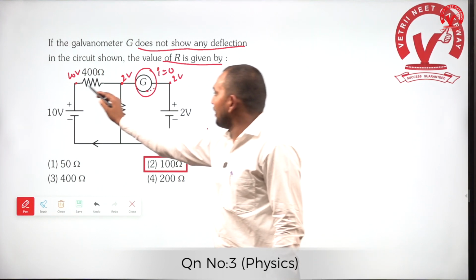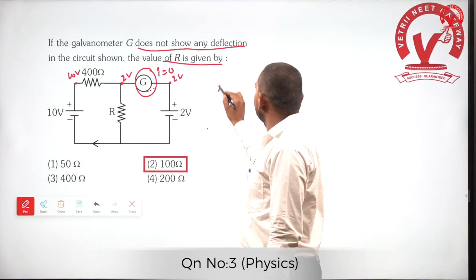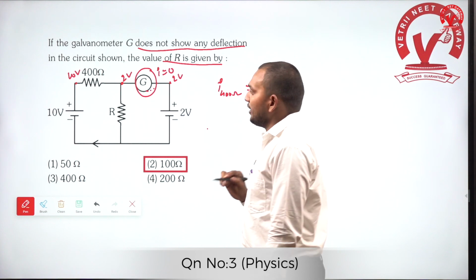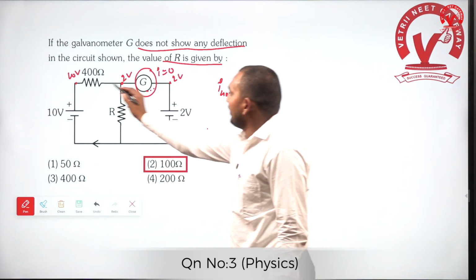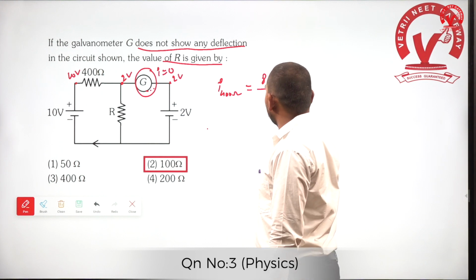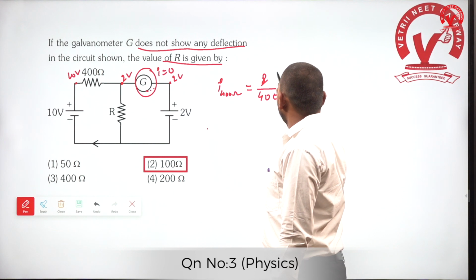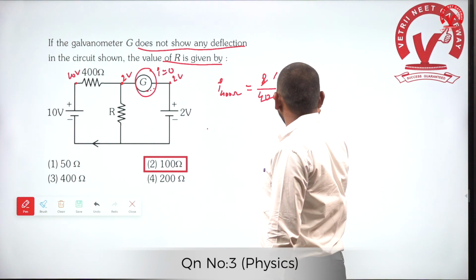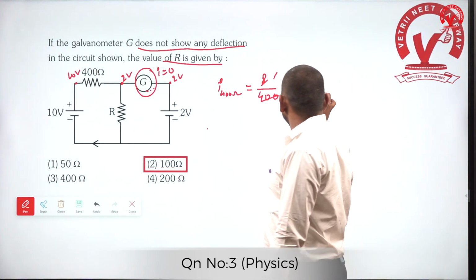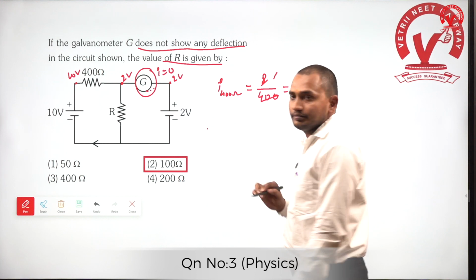First you have to find out the current through the 400 ohms. Current through 400 ohms, I is equal to V by R. V is 10 minus 2, 8. 8 divided by 400, then it will be 1 by 50. Then this 1 by 50 is IR.